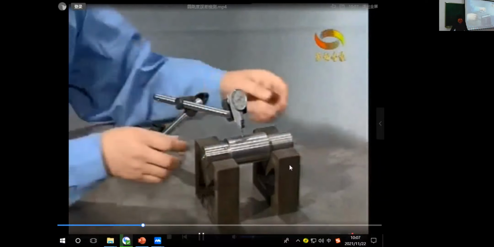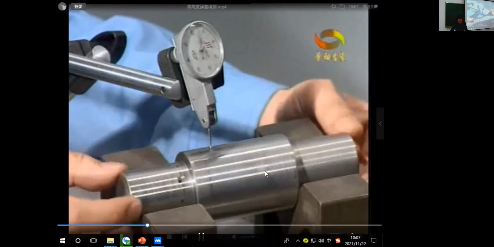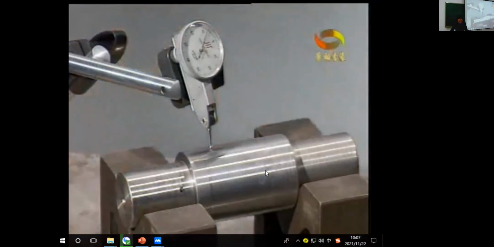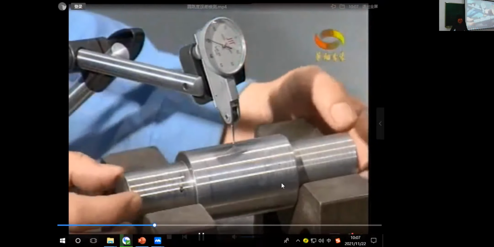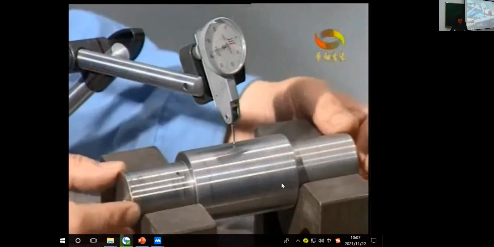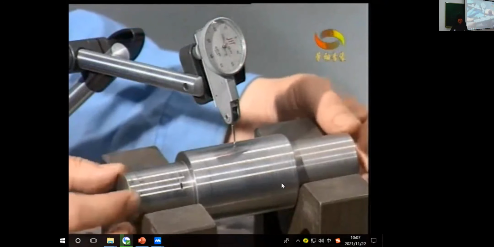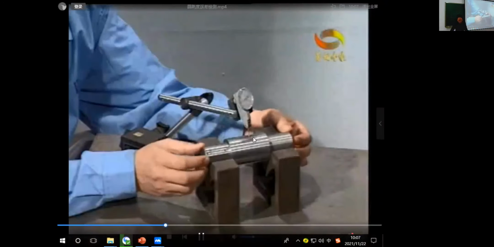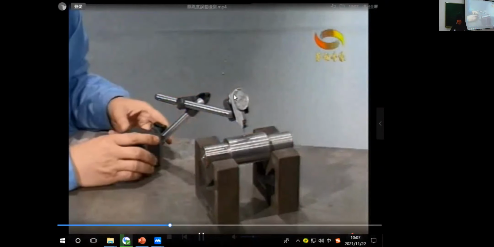When you rotate this shaft, there are some values.